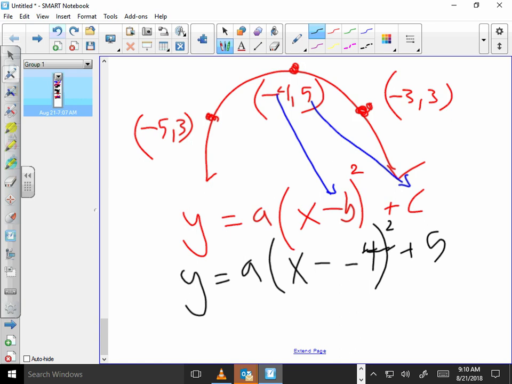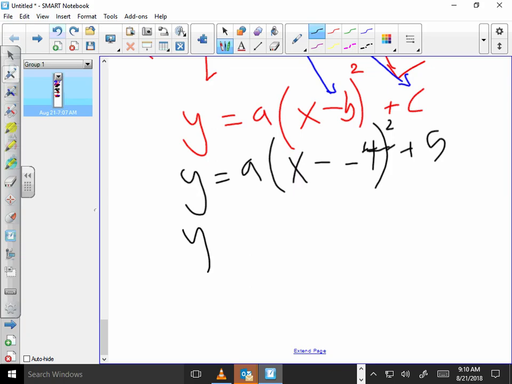If I tidy this up in the parentheses, I get y equals a, x plus 4 squared plus 5. Am I done at this point, Claudio? What do I still need to do? Plug in another point so I can solve for a.